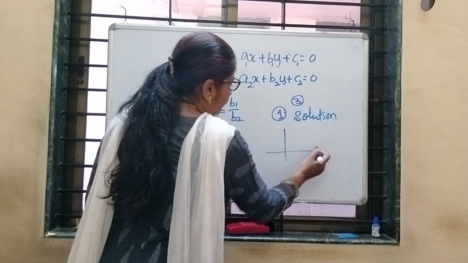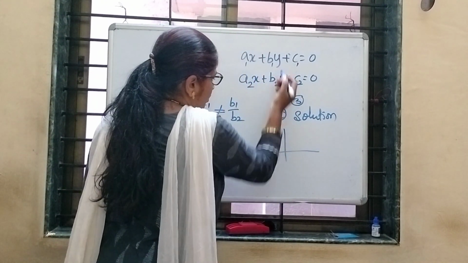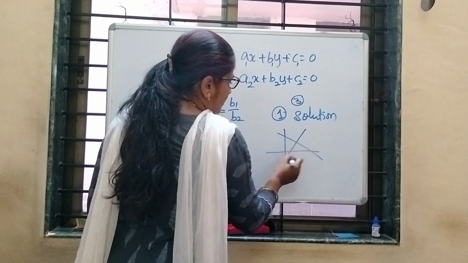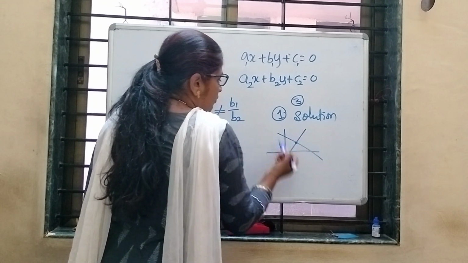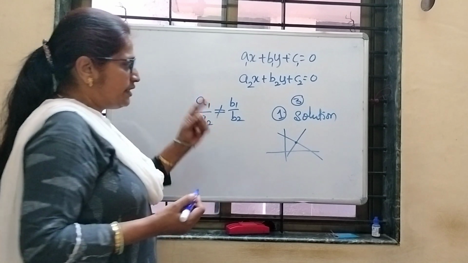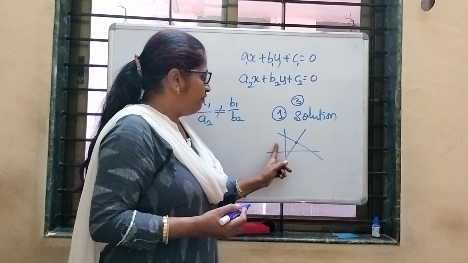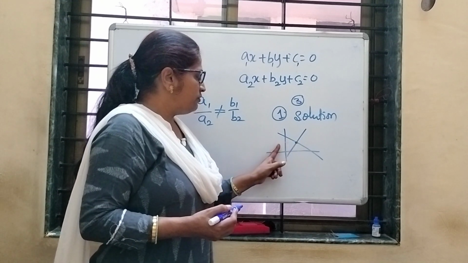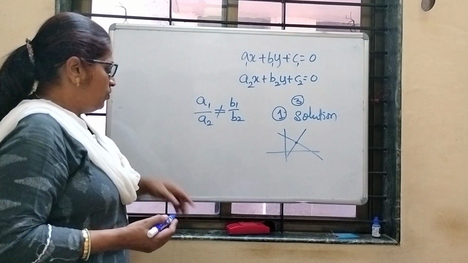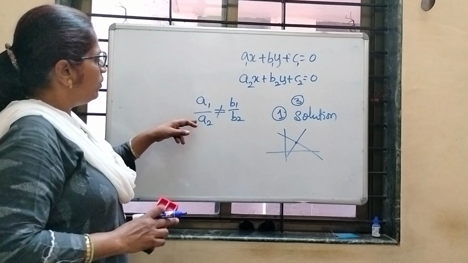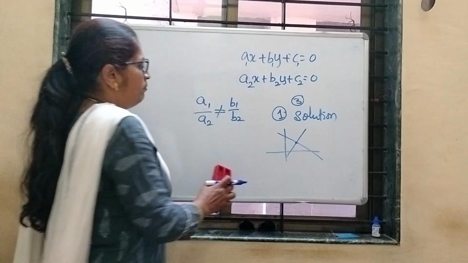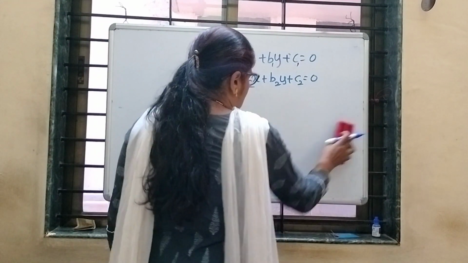If we draw the graph for both equations, two straight lines intersect at a single point, so we get only one x and y solution.